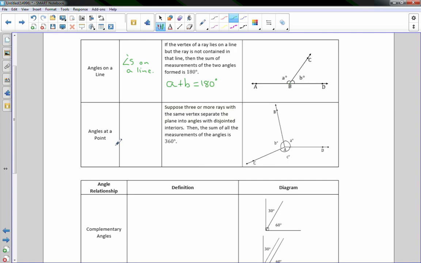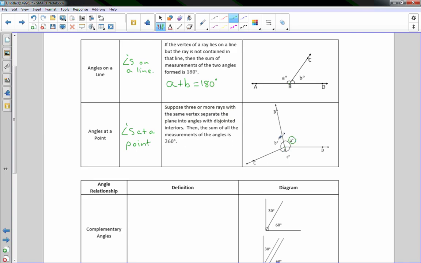Now angles at a point, and there is no abbreviation for that except the words angles at a point. Suppose three or more rays with the same vertex separate the plane into angles with disjoint interiors. Then the sum of all the measurements of the angles is 360. So all that is saying is we have three rays going in different directions from the same vertex point.